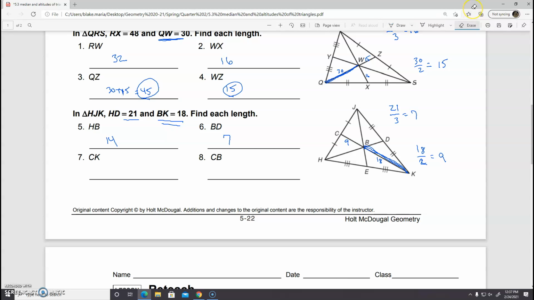So again, this was 2/3, and half of that would be 1/3. So CB was 9, and 9 plus 18 would be CK, which is 27. And we're done.